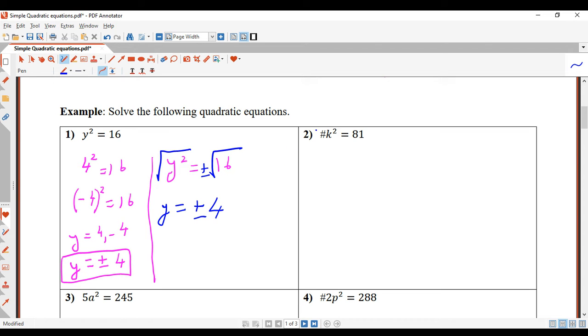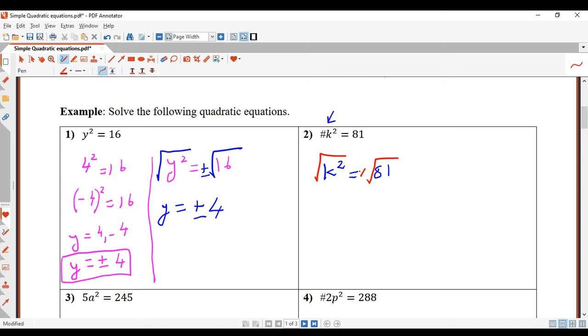What I'd like you to do is pause the video and have a go at the hashtag example over here. Okay, now video is unpaused, so solving this formally, I write the question out again. Okay, and now I'm going to find the square root of both sides. So square root there, square root there.